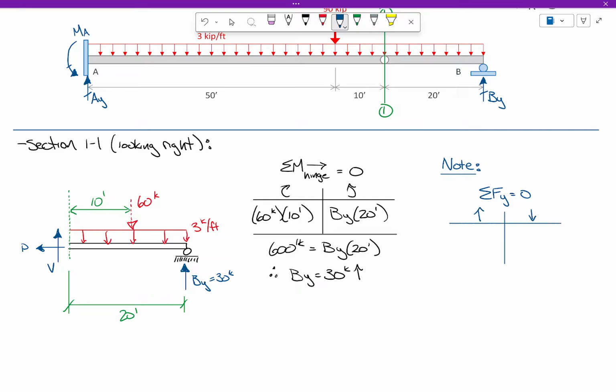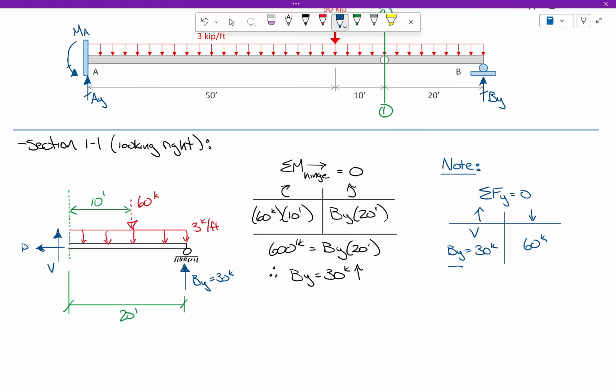So V, what do I have going down? 60 kips. I don't want an arrow. Okay. So V plus 30 kips is 60 kips. V is positive 30 kips.